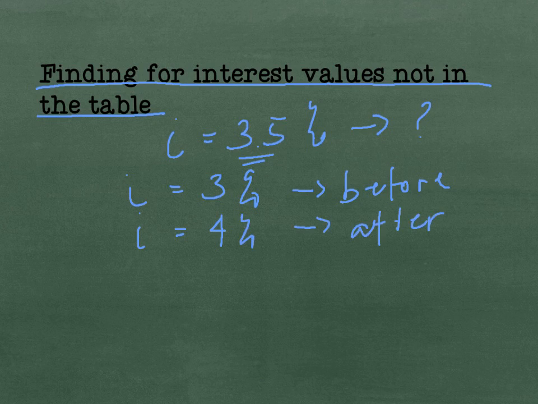Then, when you get the table factors, we will work on the table factor of 3.5% via interpolation or via ratio and proportion.